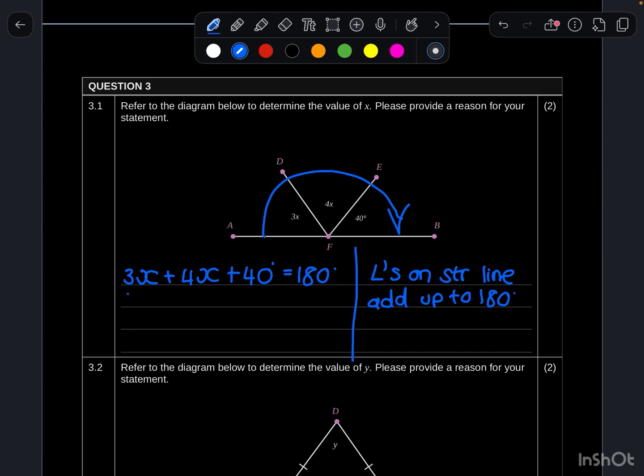So I'm going to have 7x is equal to 180 minus the 40 when I take that across. So 7x is equal to 140. Let me divide that. So x is equal to 140 divided by 7, which is 14 divided by 7 is 2, so this is 20. So x is 20 degrees.